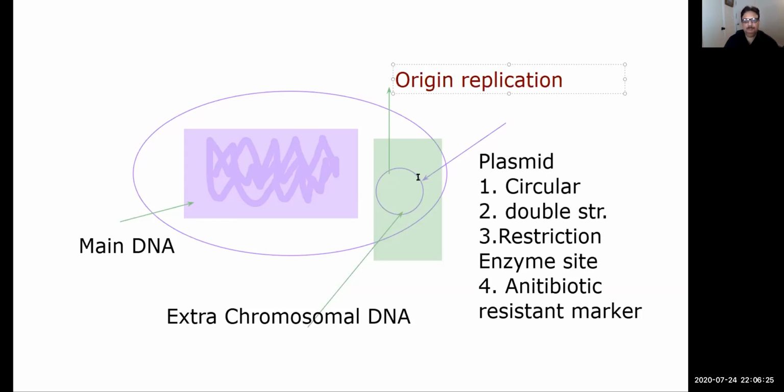Both these DNAs, main DNA and bacterial plasmid DNA, replicate independently of each other. So to review, it is circular, it is double-stranded, it has unique sites called restriction enzyme sites, which you should remember, and the fourth thing is that it has antibiotic markers.